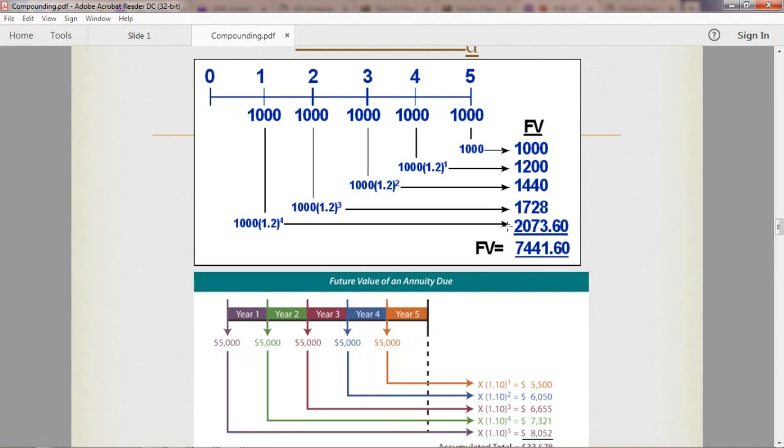First of all, the annuity may not be annual. It could be monthly, like the mortgage loan example I used. If the annuity is monthly, then the compounding frequency is monthly, right? 12 times a year. Even over 5 years, there will be 60 compoundings going on. 60 payments, 60 compoundings, right?